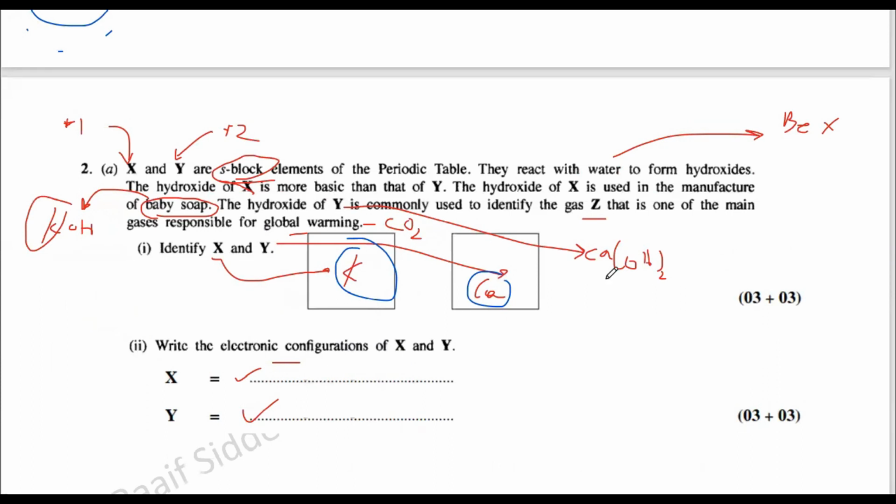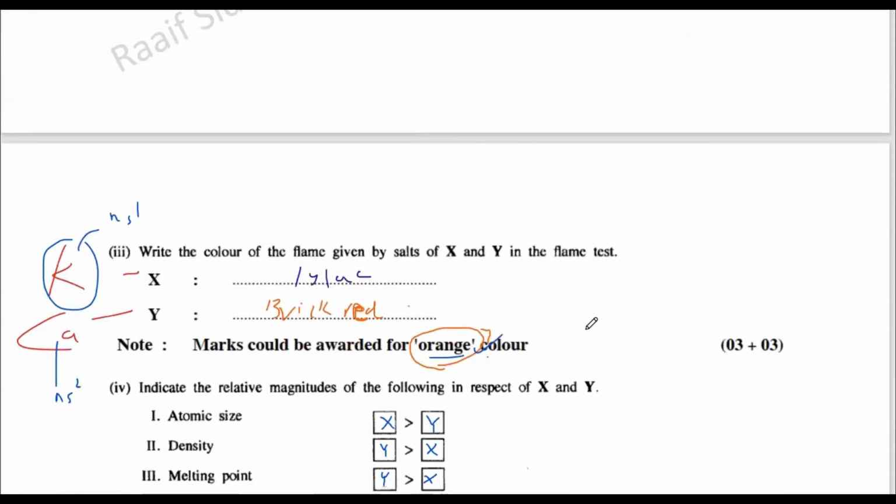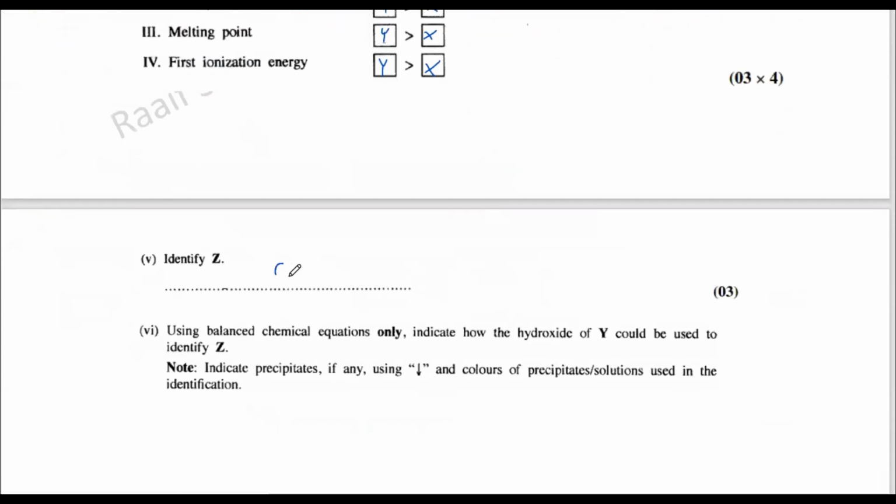The hydroxide of Y, which is calcium hydroxide, is used to identify the gas Z. Normally we use calcium hydroxide to identify carbon dioxide. This is the typical gas that is identified using calcium hydroxide. So this is CO2.